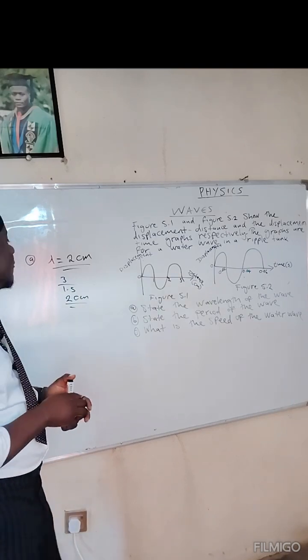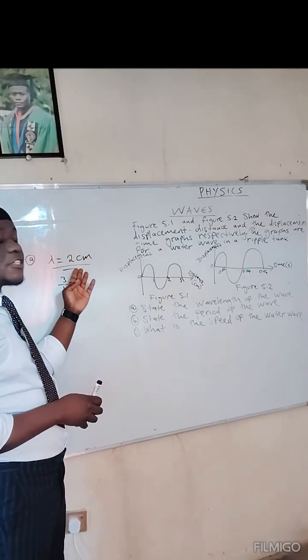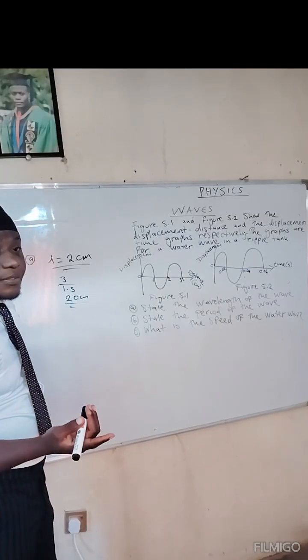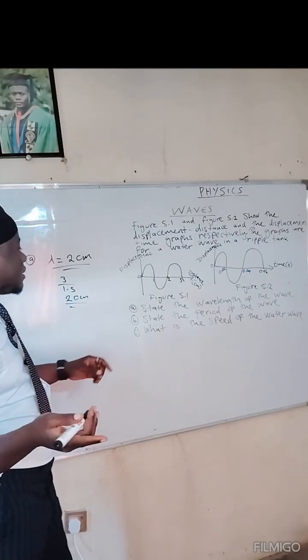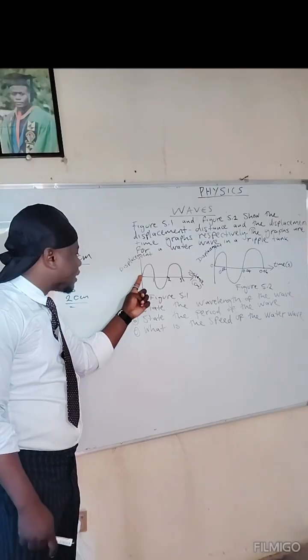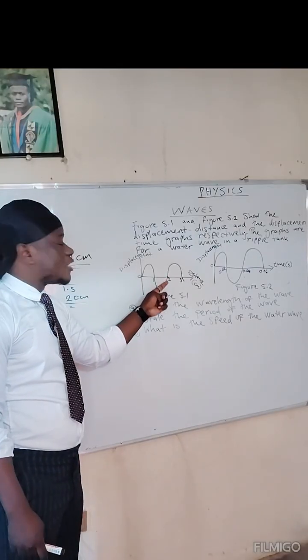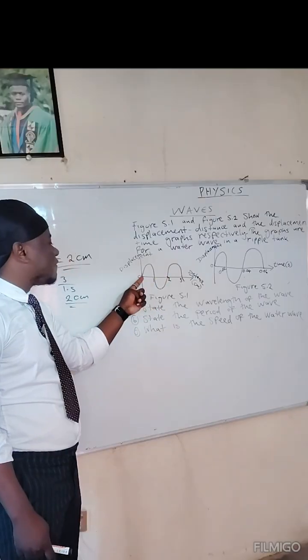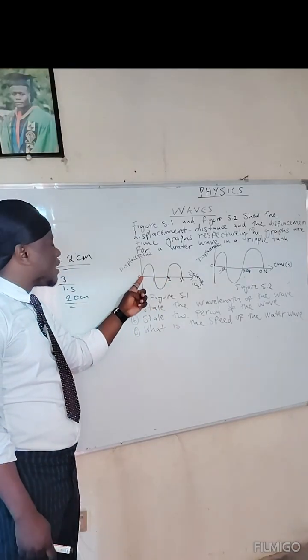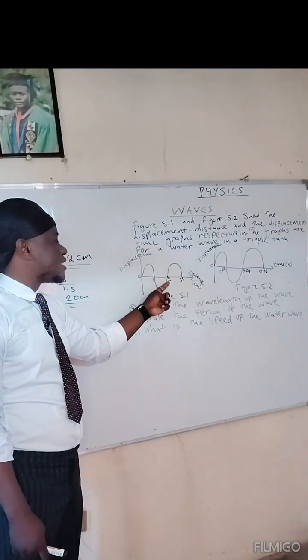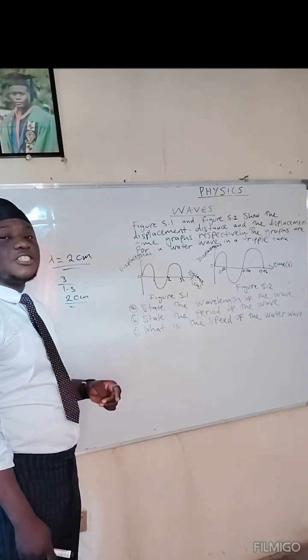But now be careful with the first method. First method, yes, we said wavelength is the minimum distance at which the wave repeats itself. So from here up to here, we got 2. It's not always that you just take the number here. You have to check the first number first. If the first number is 0 and the final number here is 2, you just get 2 because the first number is 0.